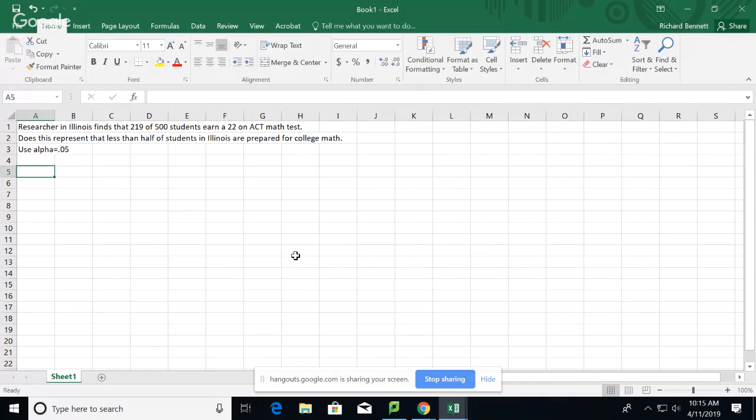Okay, so Shire, what's step number 1? Find the numbers. So we have alpha equals 0.05.